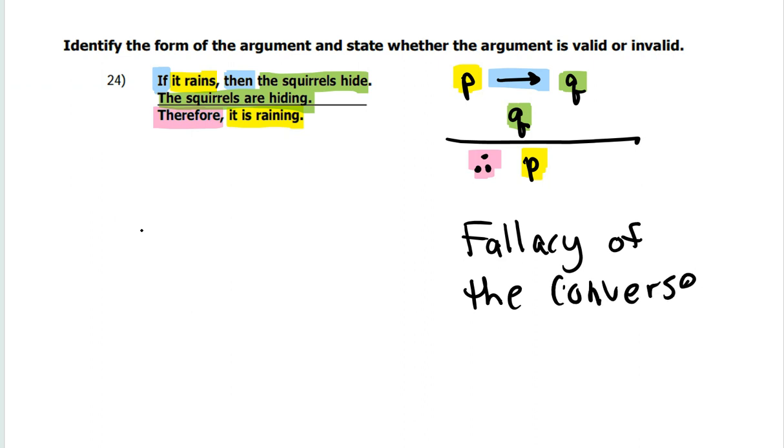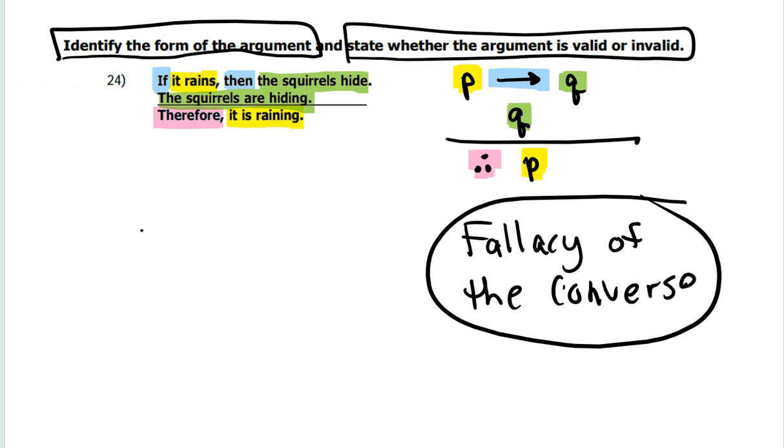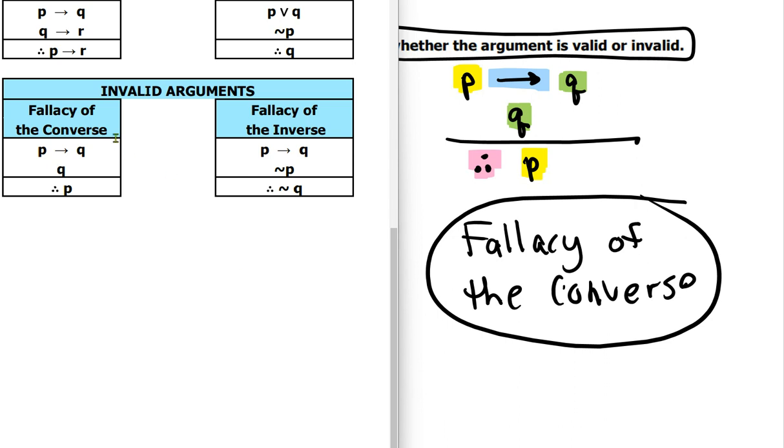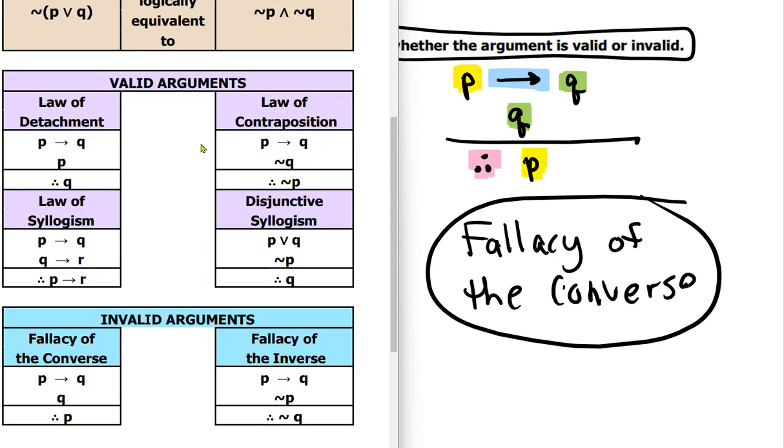That's the first part where I said identify the form of the argument. And then the second part is state whether the argument is valid or invalid. If you go back and look at this, there are only two invalid arguments that we are given: the fallacy of the converse and the fallacy of the inverse. They both say fallacy. The ones up here in purple are law, law, law, and disjunctive syllogism.